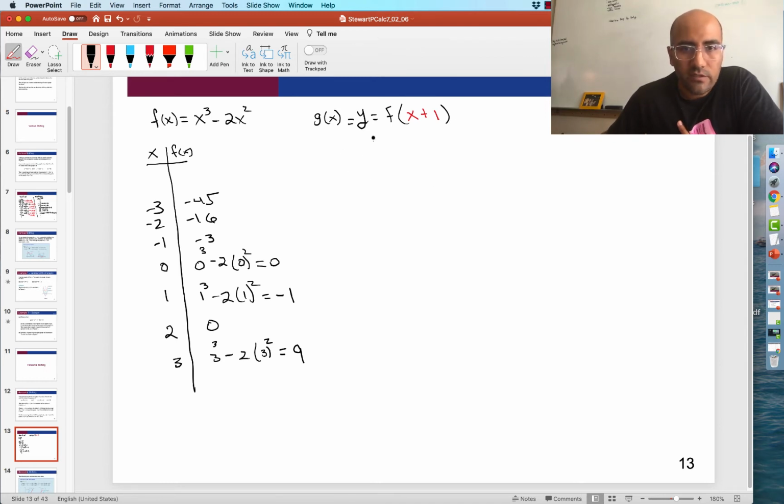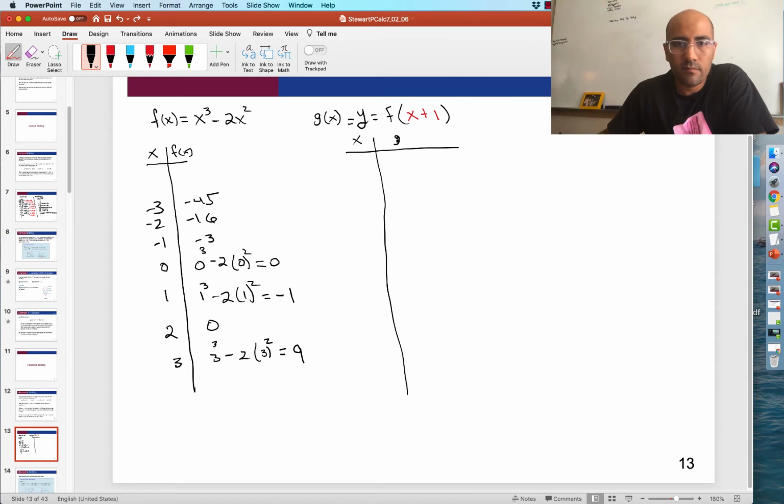Okay, so now let's create a little table of values to see what this is. We have x, and then we have this new function g of x equal to f of x plus 1. When we type in a 0 into this new function, we evaluate the f function at x plus 1.